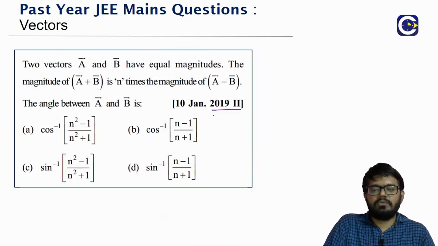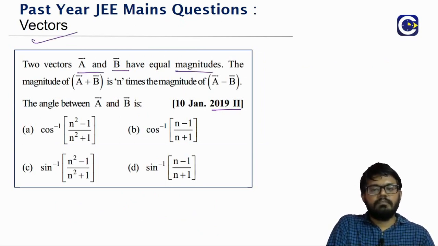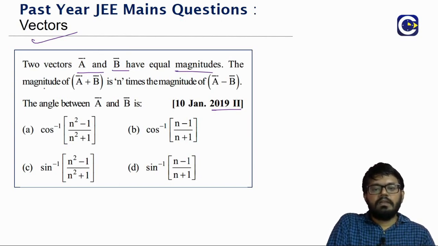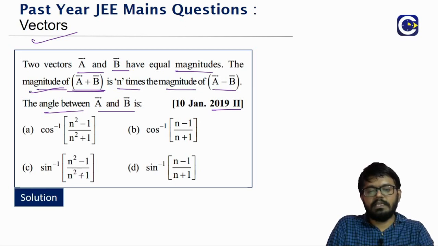This is again 2019 one. Two vectors A and B have equal magnitudes. Means what? Their magnitudes are equal. The magnitude of A bar plus B bar is n times the magnitude of A bar minus B bar. Then in that case we have to find what is the angle between A and B. Okay. So what is the thing?